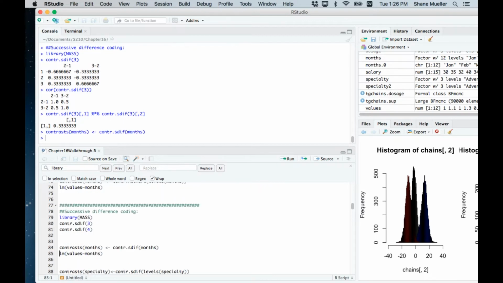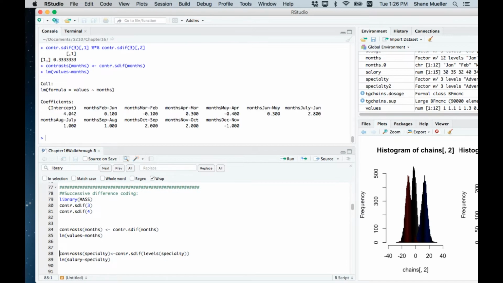So I can set the contrast of months equal to this, and you can see that the average is 4. We have a +1 difference, then a -0.1 difference, then a +0.3, a -0.4, a +0.3, and then a +2.8. So now you can see that this is where a big transition happens, and then here we also have big transitions after that point.